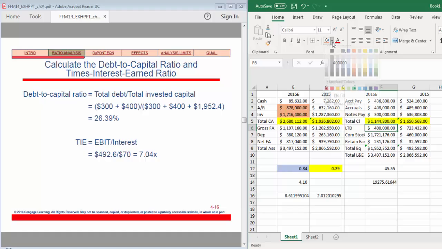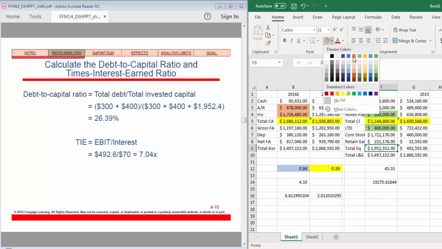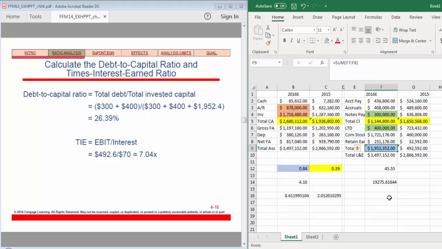Remember, notes payable, even though it's a short-term debt, is still debt. This is long-term debt and this is short-term debt. And then total invested capital is going to be the total of notes payable, long-term debt, and the total equity, which is the owners' share in the firm.